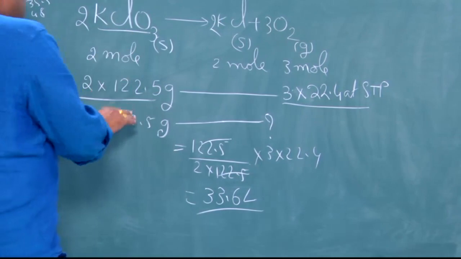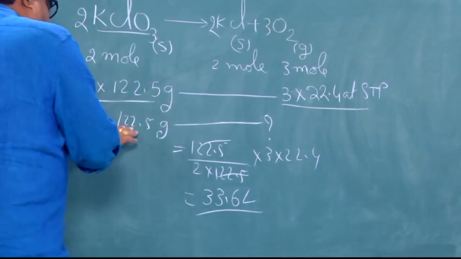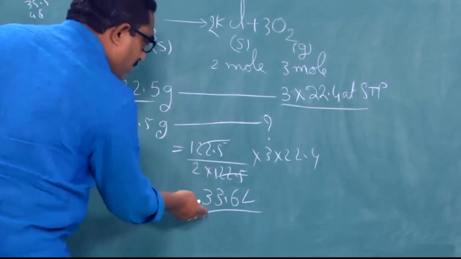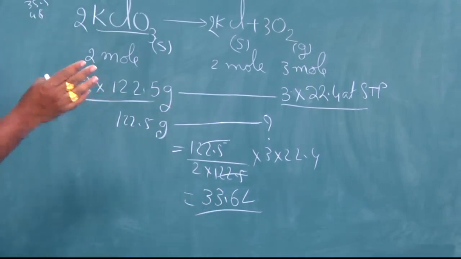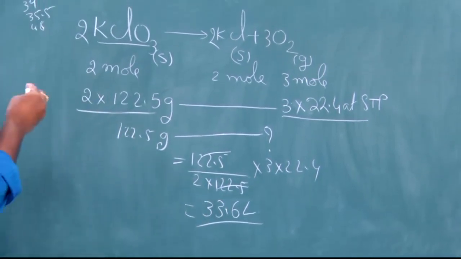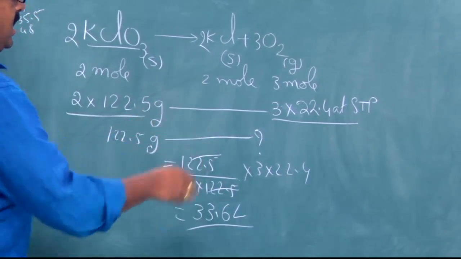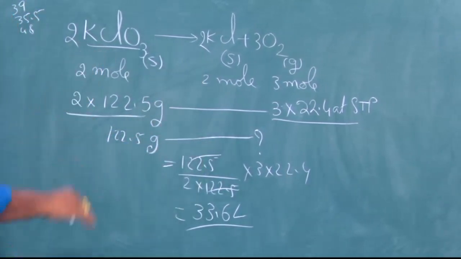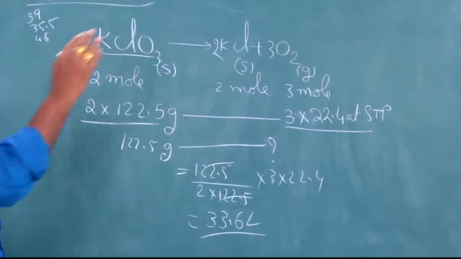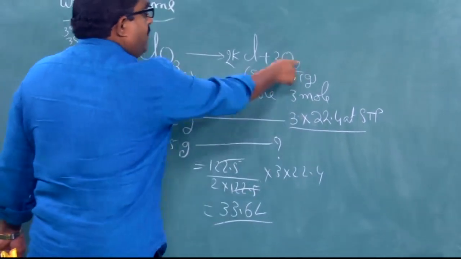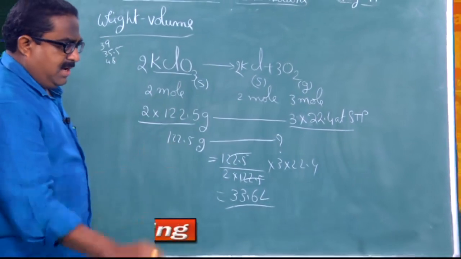If the question is asked by giving weight and you are going to get volume, the same question can be set in reverse like this: a sample of potassium chlorate on decomposition gave 33.6 liters of oxygen at STP.